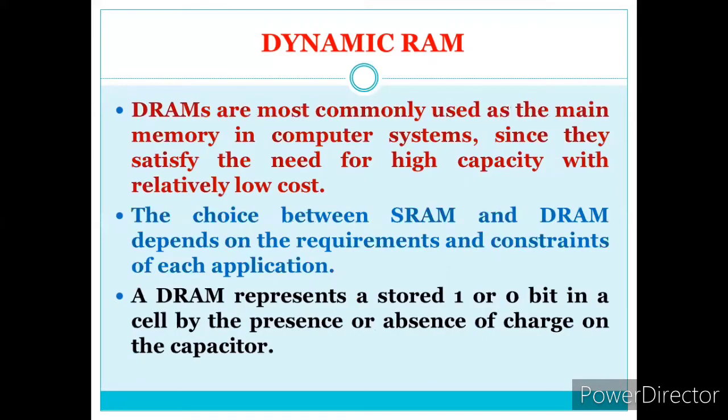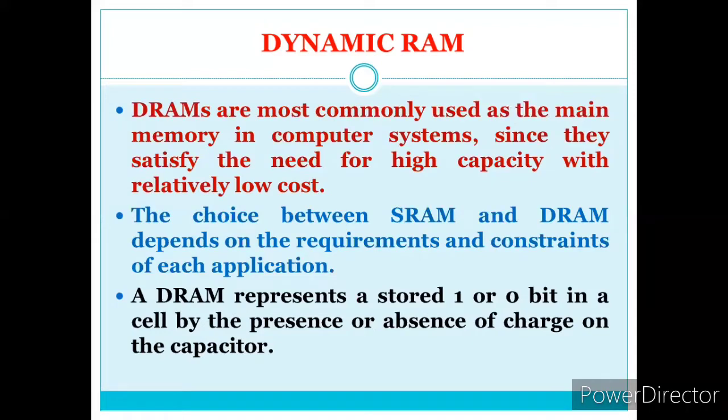DRAMs are most commonly used as main memory in computer systems, since they satisfy the need for high capacity with relatively low cost. If you observe our laptops or systems, they make use of DRAMs because they need high capacity.